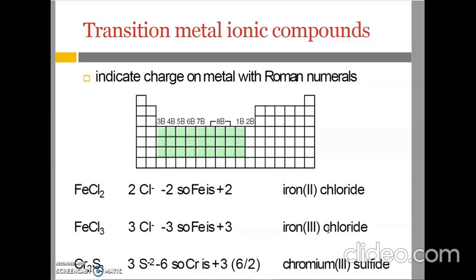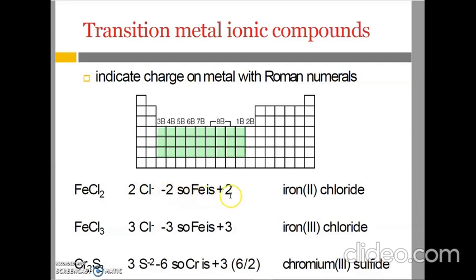Next, transition metal ionic compounds. For transition metal ionic compounds, we need to indicate the charge on the metal with a Roman numeral. Here, say we have iron and chlorine. We have two chlorines. Chlorine is negative 1 charge, so with two you get negative 2.